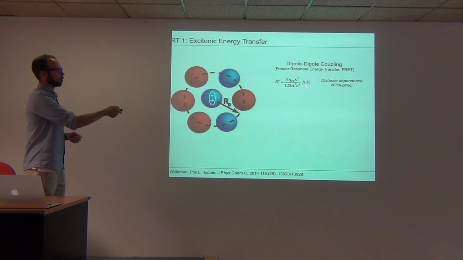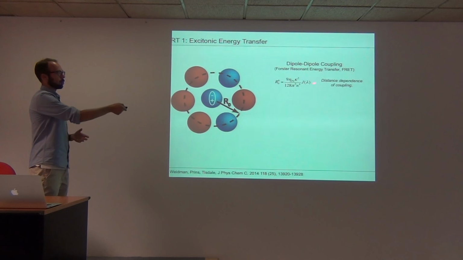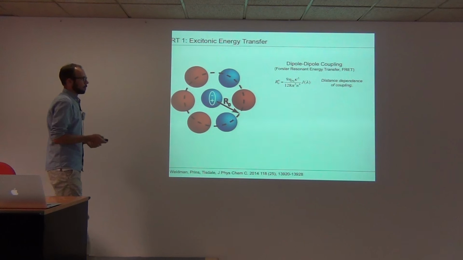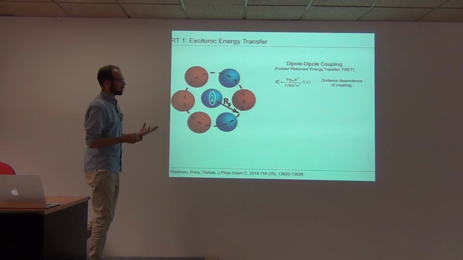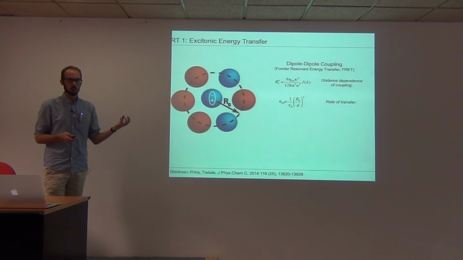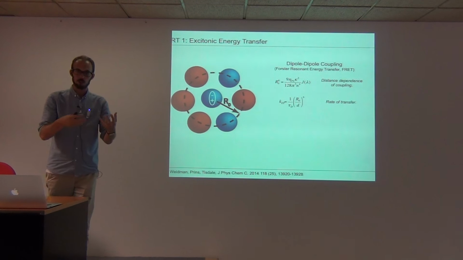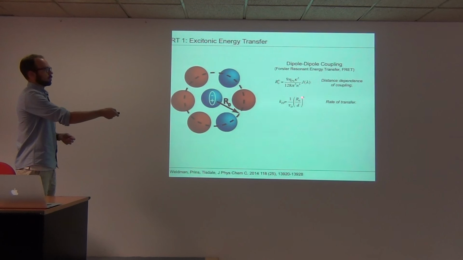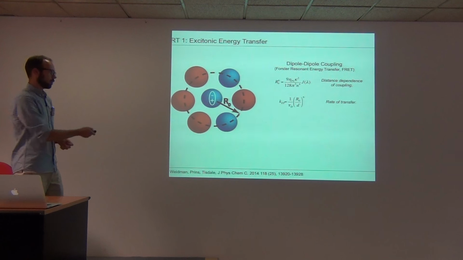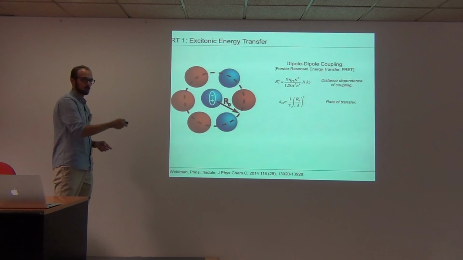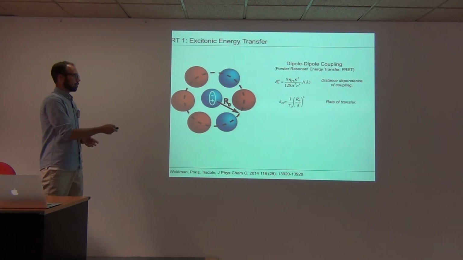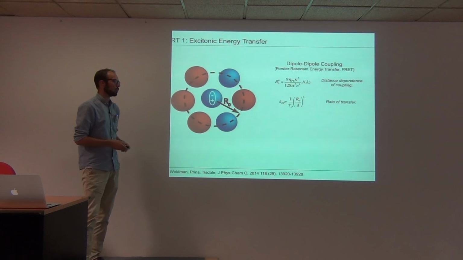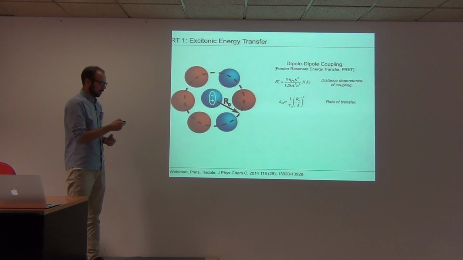This depends on the refractive index mainly, but it also depends, for instance, on the spectral overlap between the donor and the acceptor. So this is the relevant distance, and if we then need to define a rate of transfer between a donor and an acceptor, we take this interaction distance and compare it to the actual distance between the donor and the acceptor. And this gives us a very distinct drop-off of the energy transfer interaction.